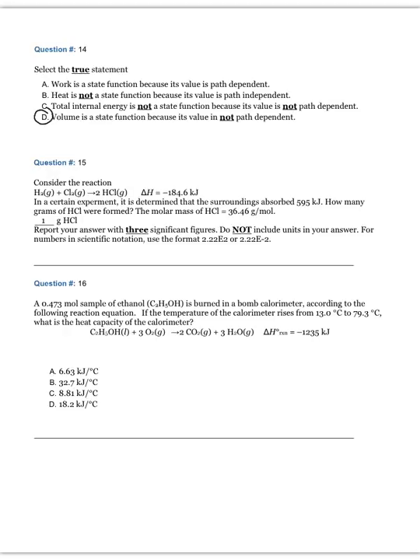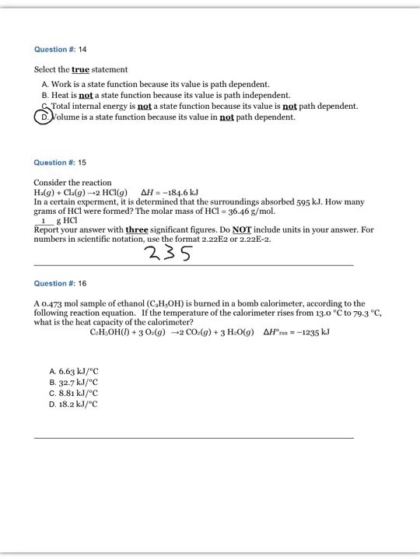The molar mass of HCl is 36.46 grams per mole. Report your answer with 3 significant figures. Do not include units in your answer. For numbers in scientific notation, use the format 2.22e2 or 2.22e-2. The answer is 235 grams.